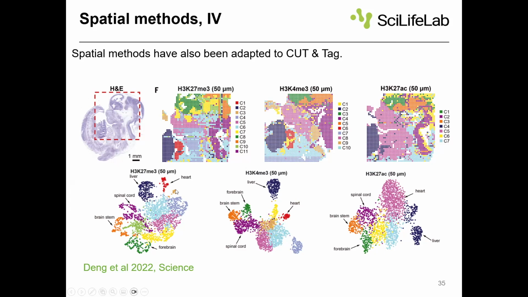You can annotate them to see which tissue types they represent. And then here's another histone modification, and the third one. This is still not widely used, but it's very cool that this is possible and that you get useful data out of it. A lot of this has been developed also by people at KI.